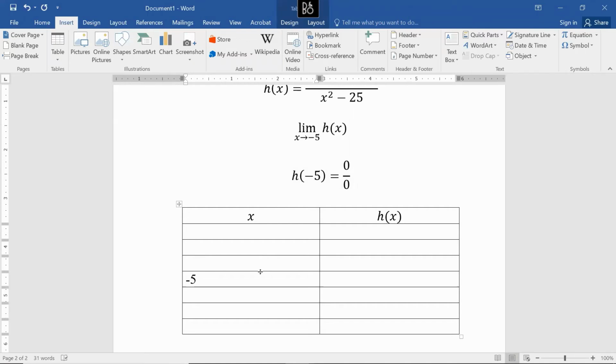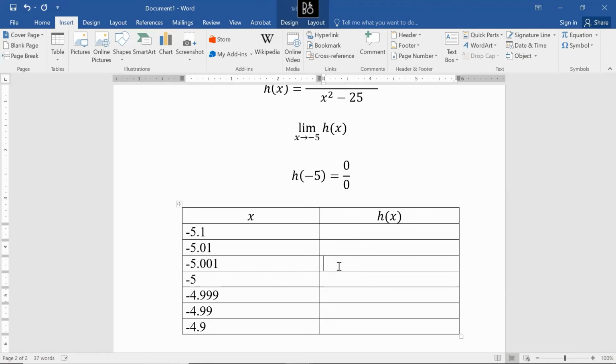So -5.1, -5.01, -5.001. And then from above, when I say above, I mean from right to left on the x-axis. So there you go, I'm a 1/10 away, 100th away, 1,000th away on each side.